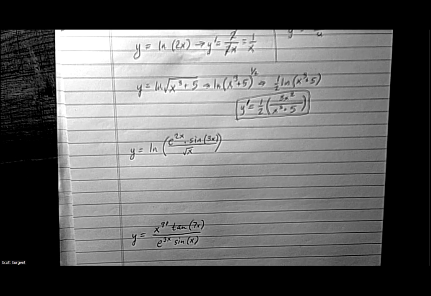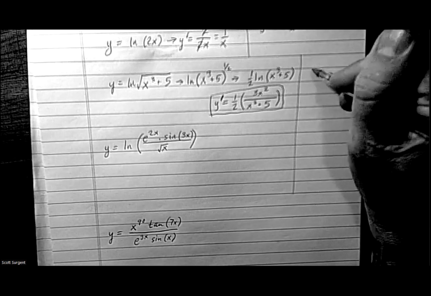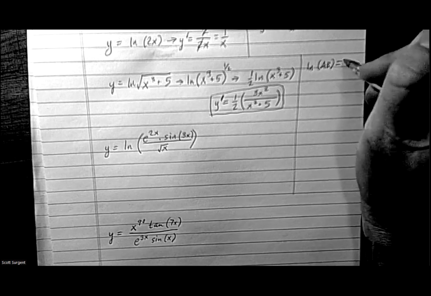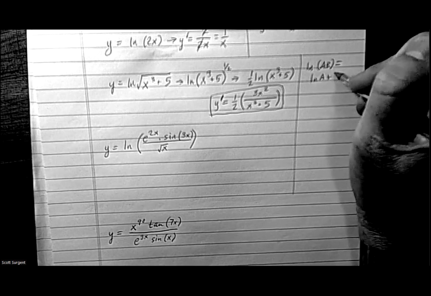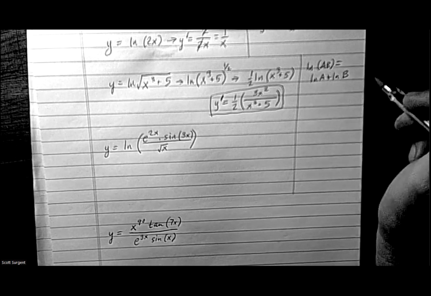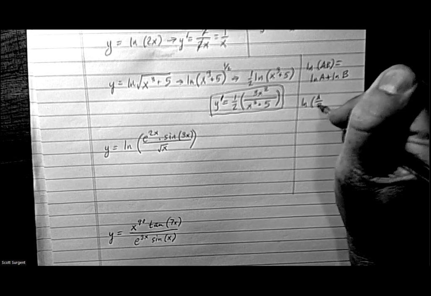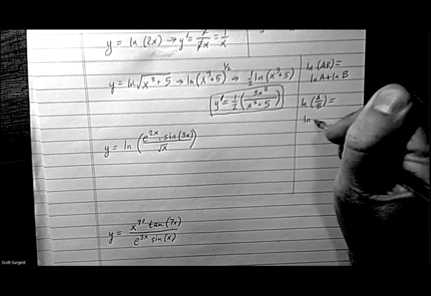One of the nice things about logarithms is that they have these three properties, and maybe I can stick them here on the right. The log of a product is the sum of the logs. So you can break apart a product with addition. The log of a quotient is the difference of the logs.